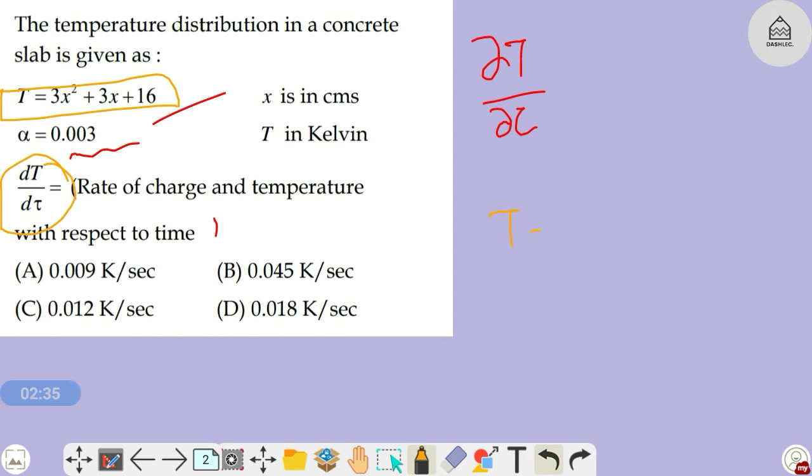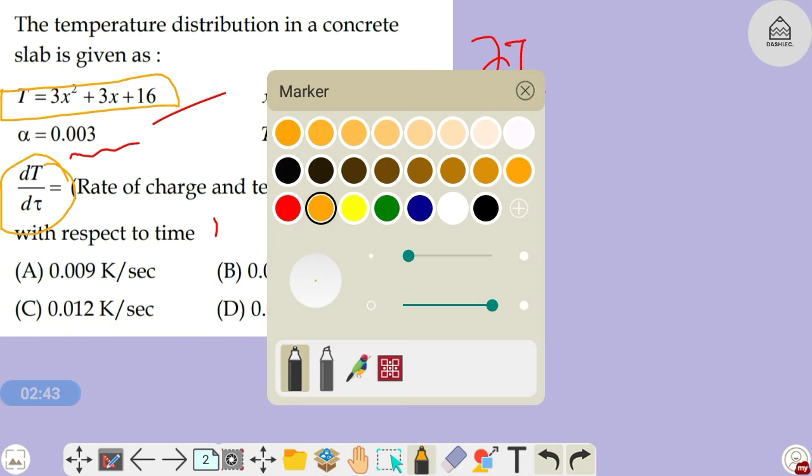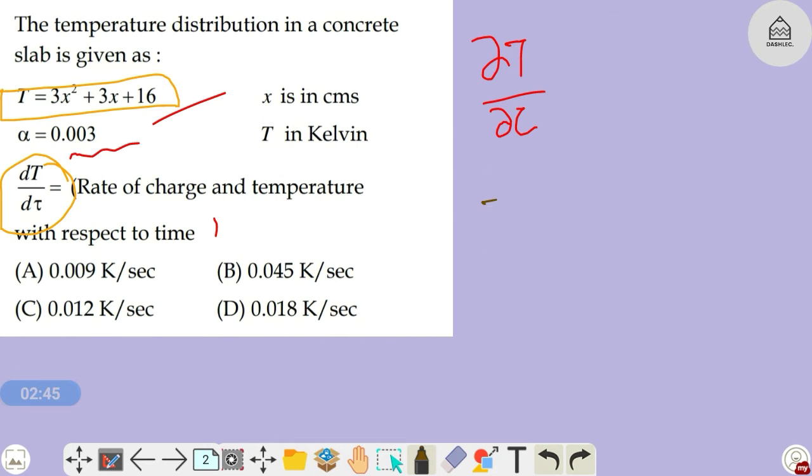I think it is not visible to you. Let me change the color of the pen. Okay, T is equal to 3x square plus 3x plus 16.